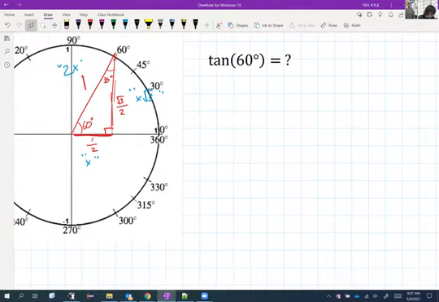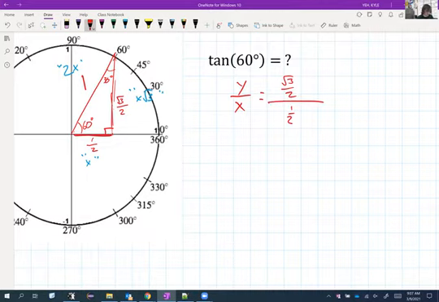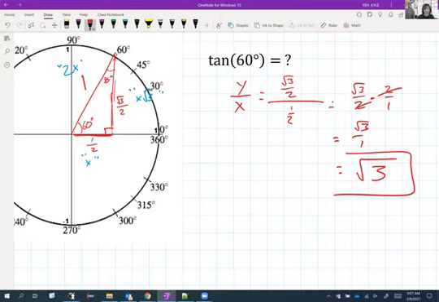Well, tan 60 degrees, that's y over x. So root 3 over 2 over 1/2, dividing fractions, root 3 over 2 times 2 over 1, root 3 over 1, tangent of 60 degrees equals root 3.